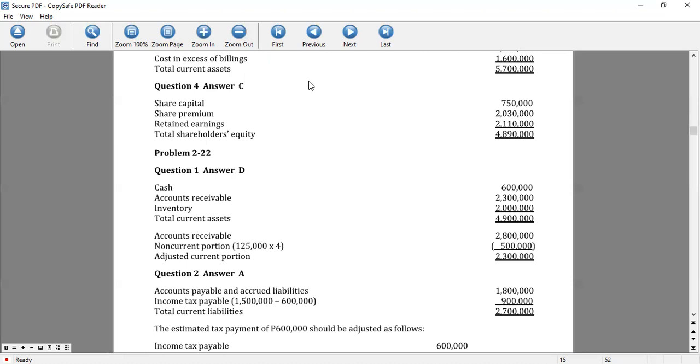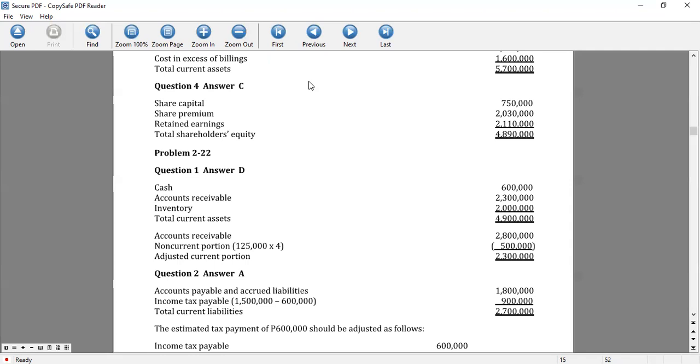In question number 2, the total current liabilities. Accounts payable and accrued liabilities 1.8 million, and the income tax payable of 1.5 million. However, we have 600,000 charged to income tax expense.